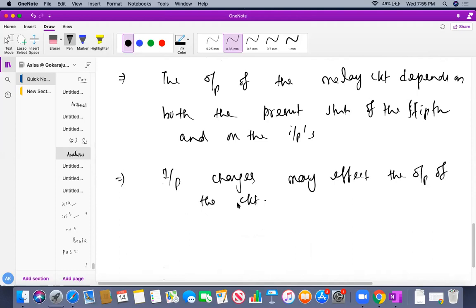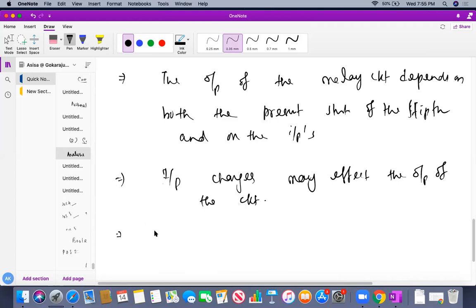But in Moore circuits, the input changes will not affect the output because input is not connected to the output there. The Moore circuit output only depends on the present state of the flip flop. But in the Mealy circuit, the output depends on the present state of the flip flop as well as the input. So that's why input changes may affect the output of the circuit as well.